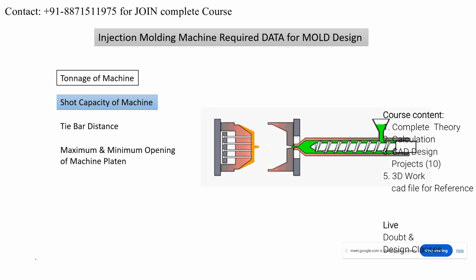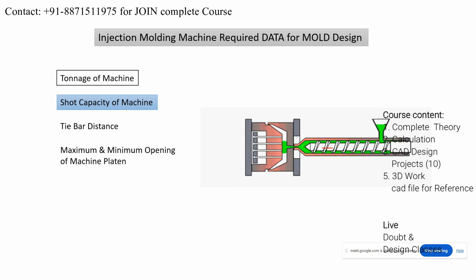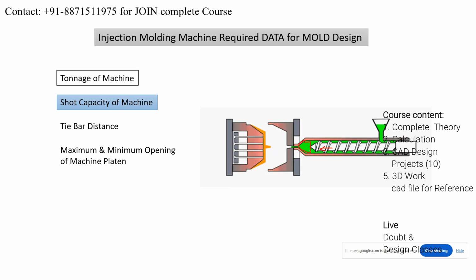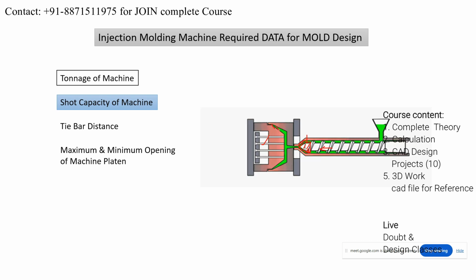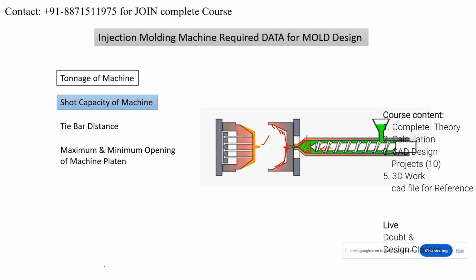See here, what is happening? This is the screw, and how much shot can be provided to the impression. The impression means this portion, the cavity. So this is known as shot capacity.